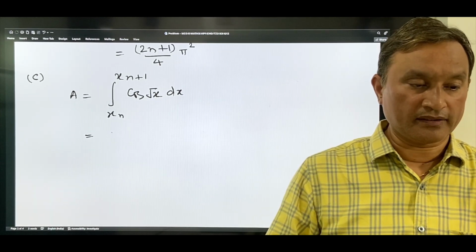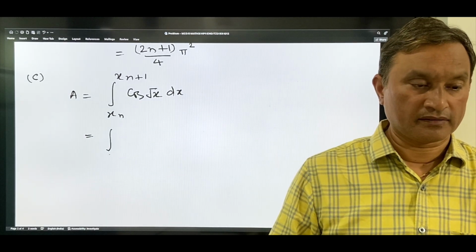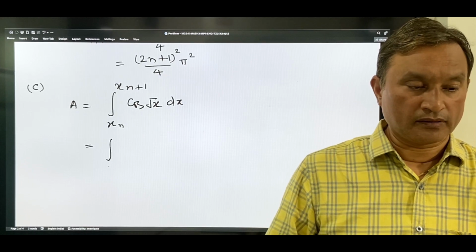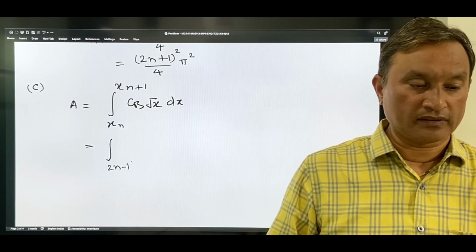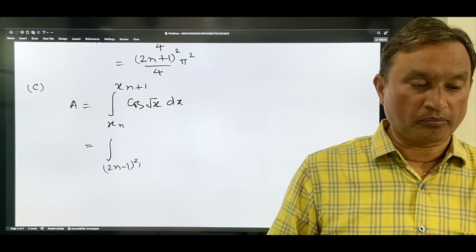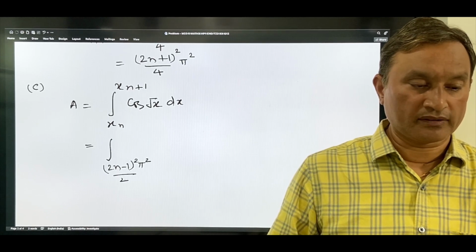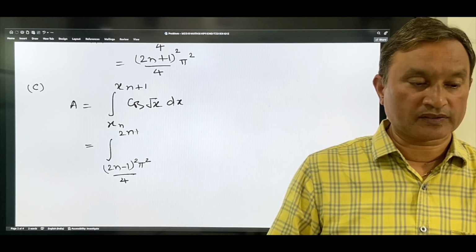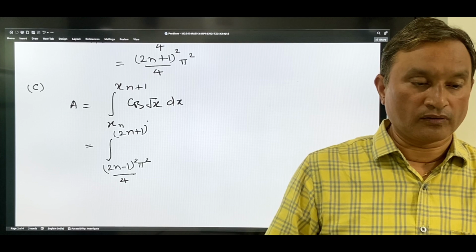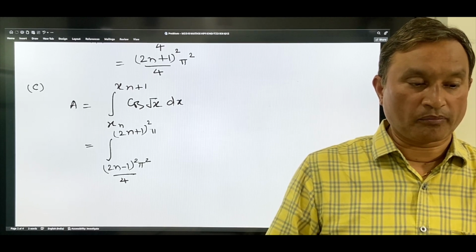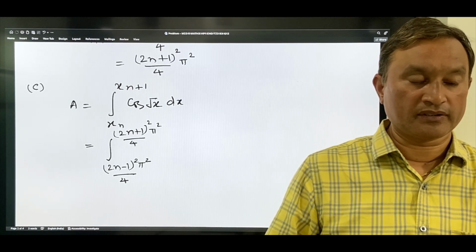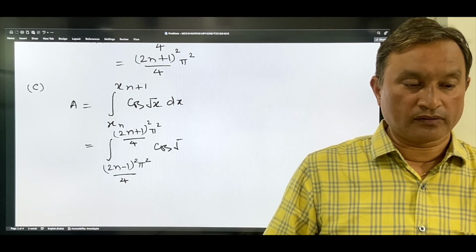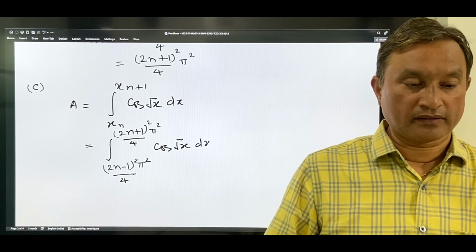So we can write the limits: that is (2n minus 1) whole squared pi squared by 4, and here (2n plus 1) whole squared pi squared by 4, and cos root x dx.